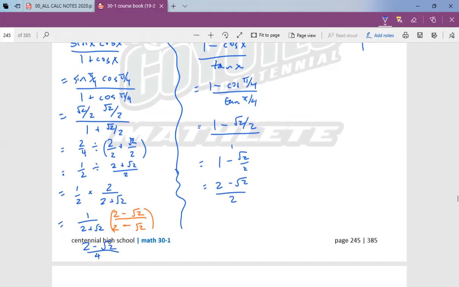They'll just melt away. And this ends up being 4 minus 2 downstairs. My last step ends up being equal to 2 minus root 2 all over 2, which is equal to my right side. So now we therefore conclude, therefore left side equals right side, and we're done.